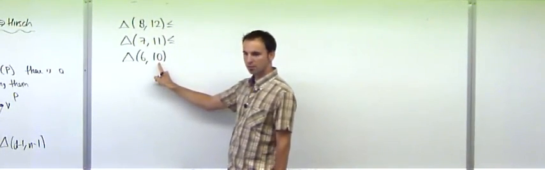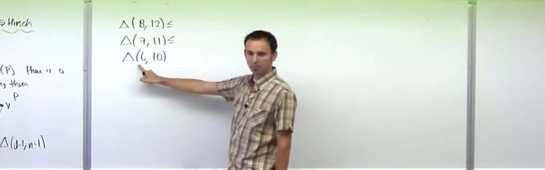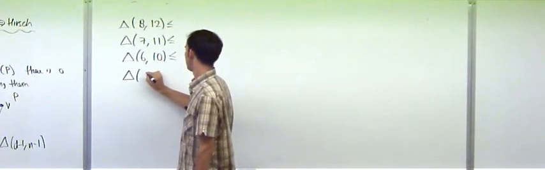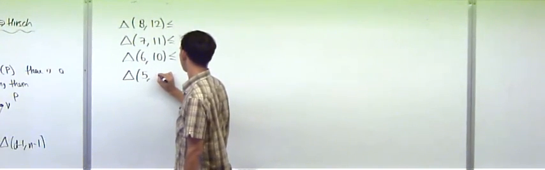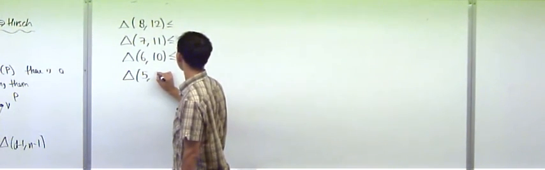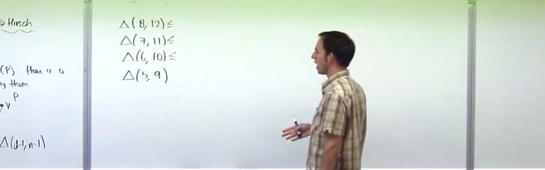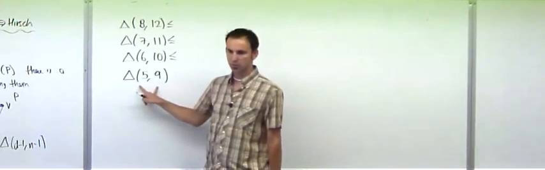Here, n is still less than 2d, so I apply it again, and I get to 5, 9. And then you've reduced it to a case where n is not less than 2d anymore.